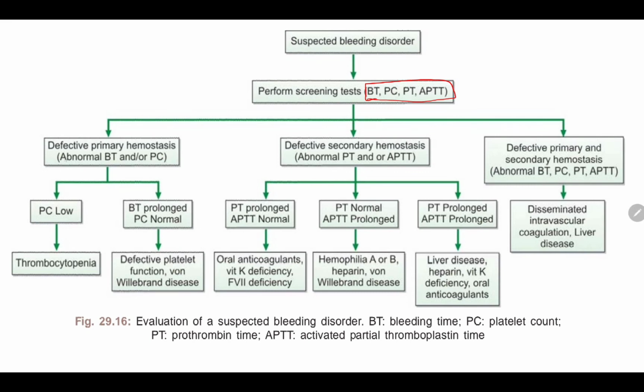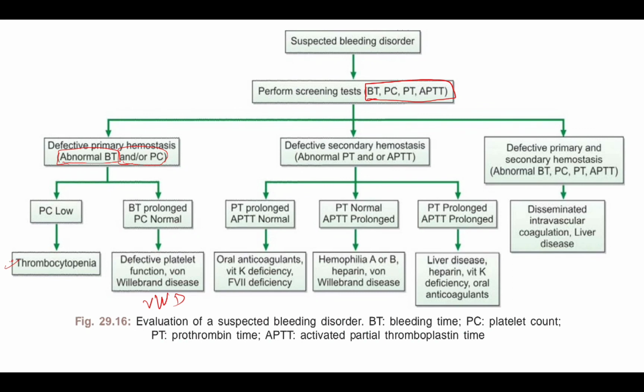If there is a defect in primary hemostasis, the BT or bleeding time is abnormal, and or the platelet count is abnormal. If the platelet count is low, we can simply conclude it as thrombocytopenia. But if the bleeding time is prolonged but platelet count remains normal, it might be due to von Willebrand disease or defective platelet function.